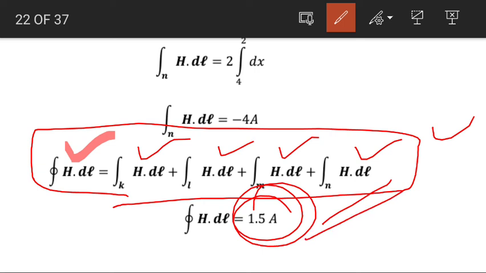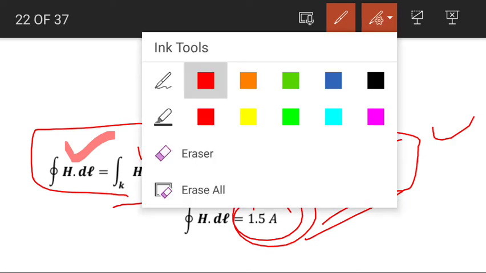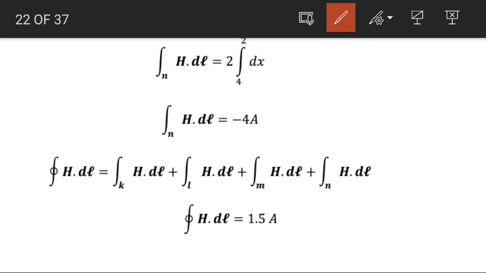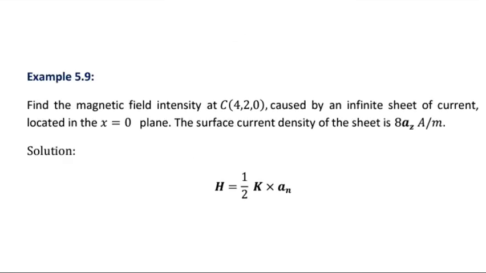So the integral of the magnetic field intensity around this closed rectangular path results in the current in the conductor, and the current in the conductor is 1.5 ampere.